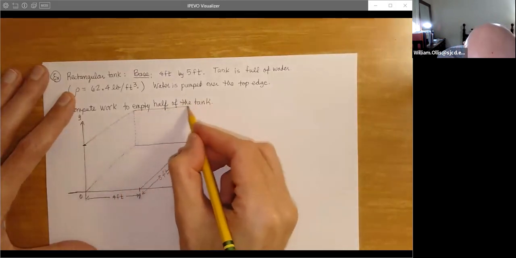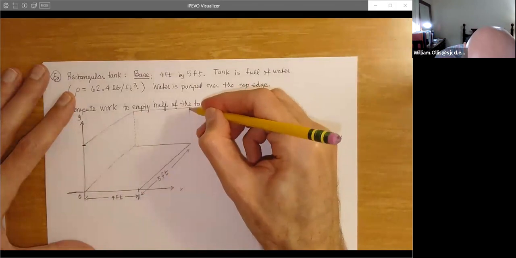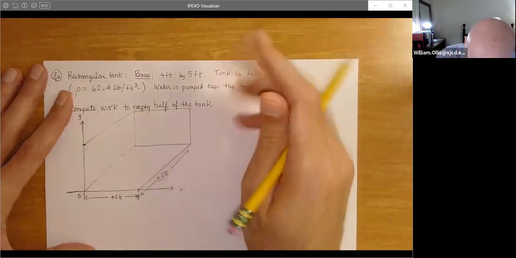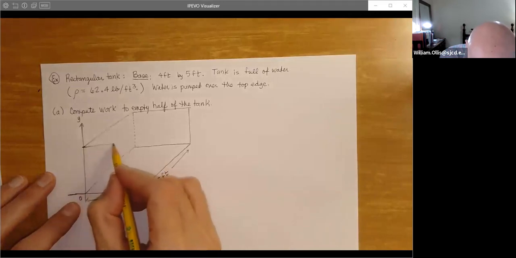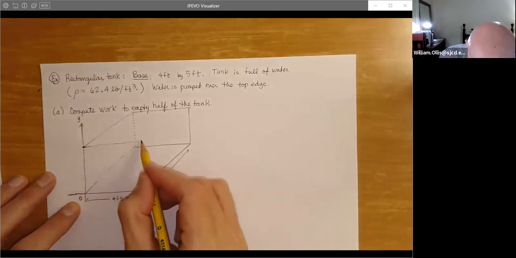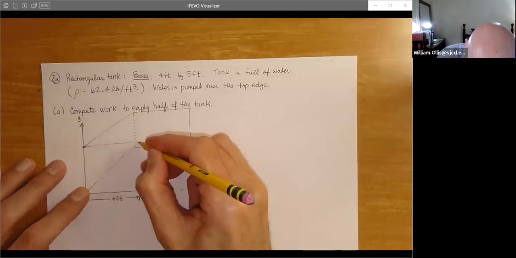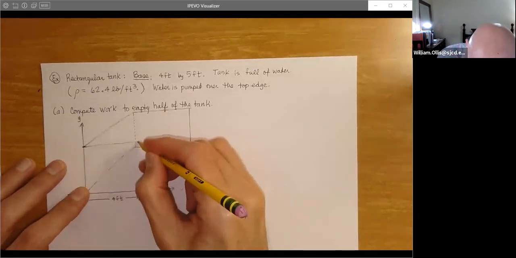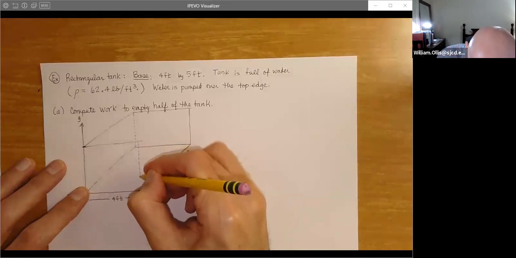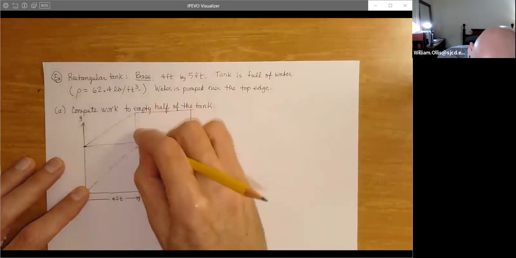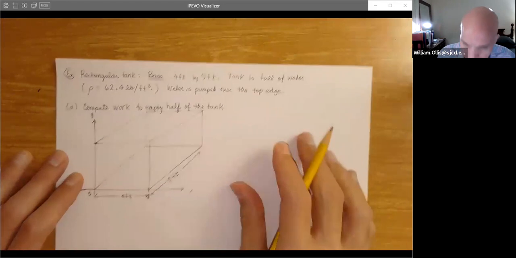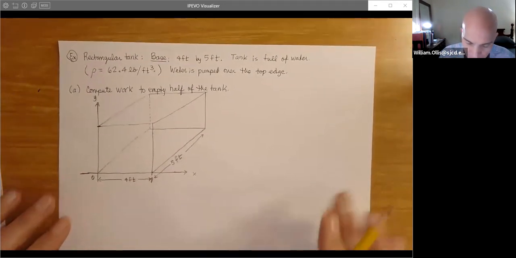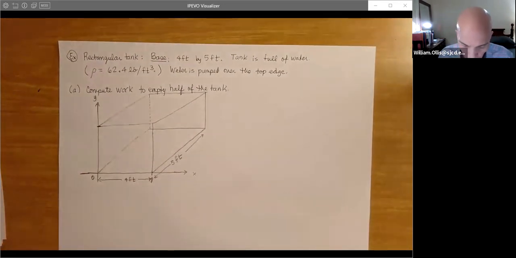Just to kind of give you an idea of the geometry, this is where we get to draw like we're in art class. Okay, so we have this box here now, which is full of water.